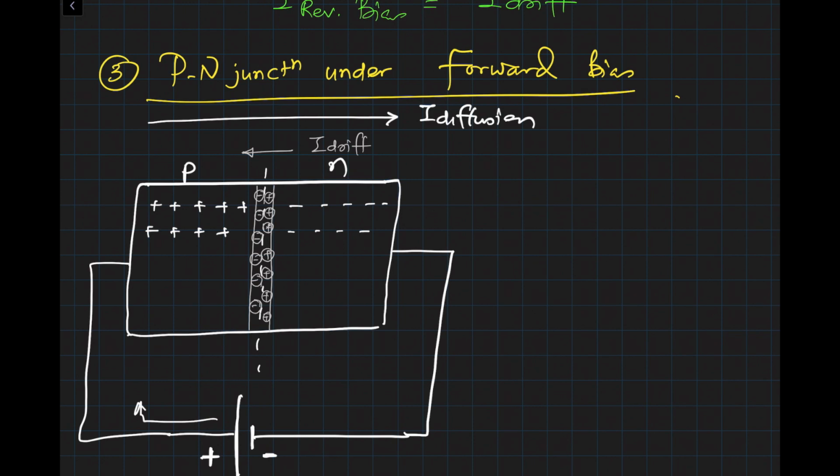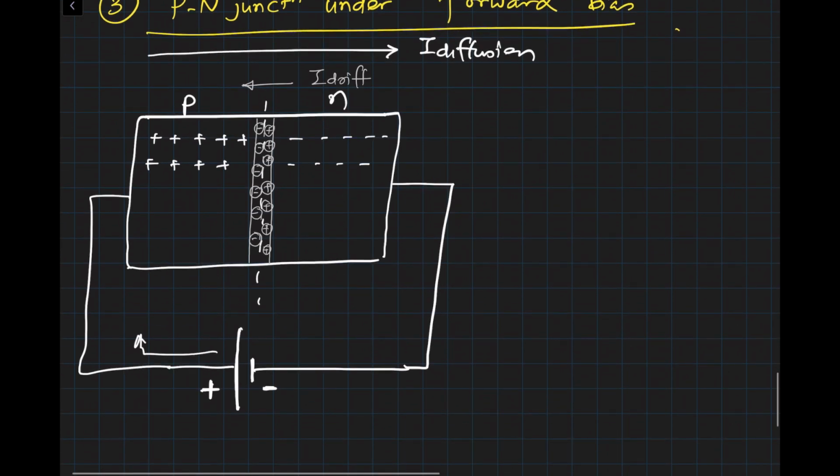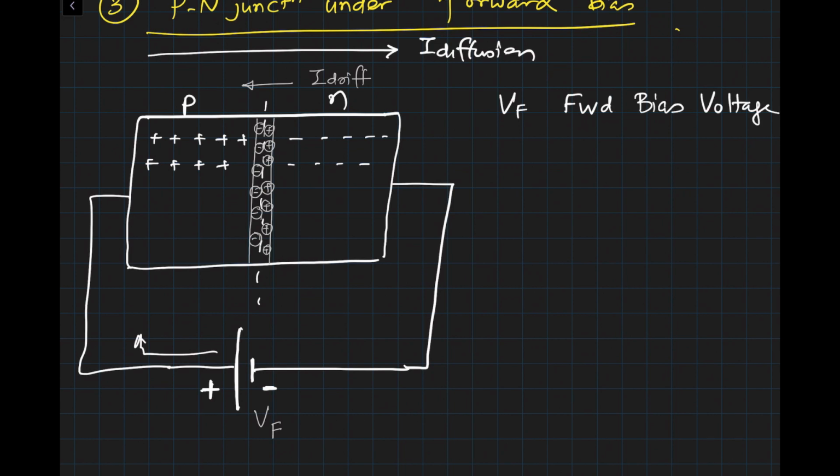And as I said again, we introduce this forward bias voltage. Let's call it VF. VF is our forward bias voltage, and our barrier voltage will now change.